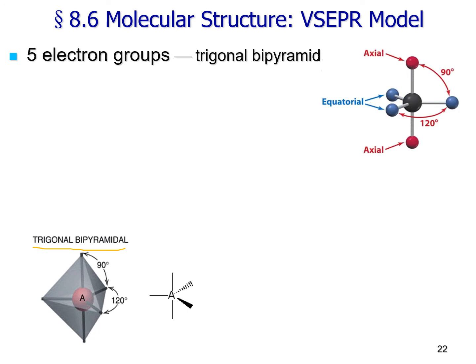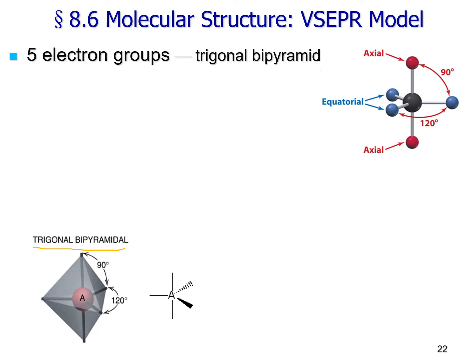When we look at this particular geometry for 5 electron groups, we find that those electron groups are not entirely equivalent among themselves, because we have 2 pointing north and south, and 3 perpendicular, like the equator on our Earth.